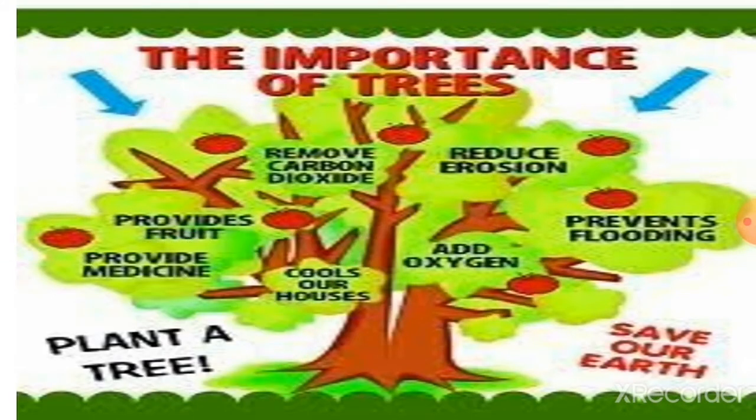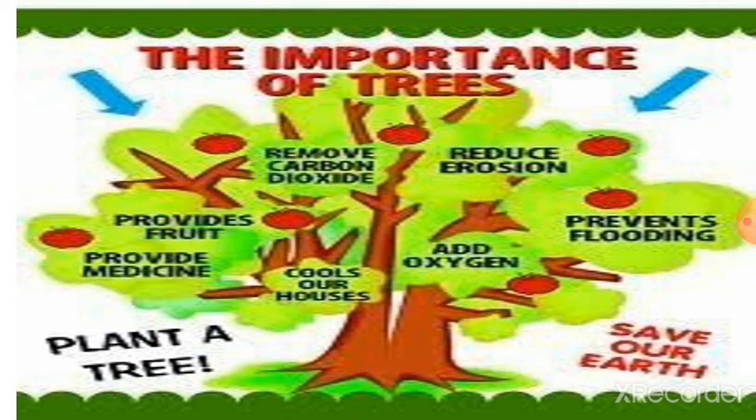Next is about the importance of trees. Why are trees important in our environment? Because they provide medicines. Many medicines are prepared from trees. They provide fruits. They remove carbon dioxide.